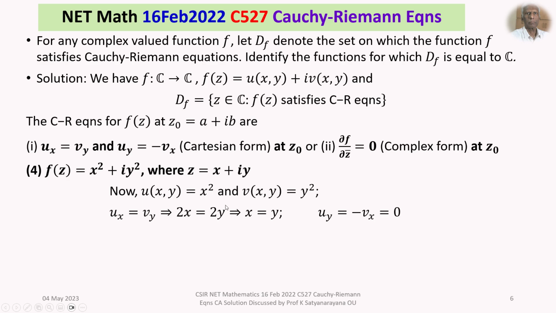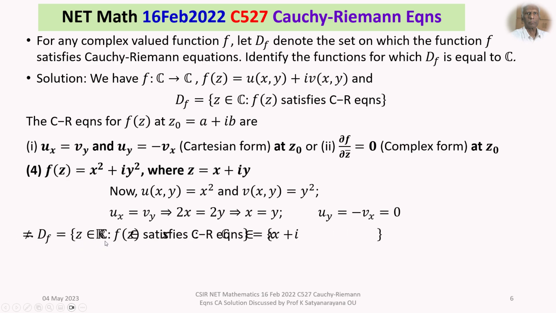So the Cauchy-Riemann equations are valid only at those complex numbers z is equal to x plus iy, where y is equal to x. That means all those complex numbers that lie on the straight line y is equal to x, there only the Cauchy-Riemann equations are satisfied. Therefore, d_f is not the whole of the complex plane.